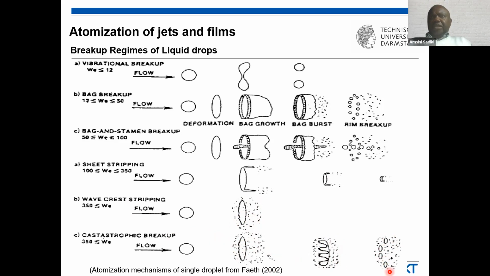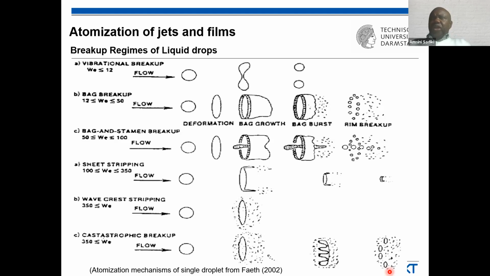So this is what Faeth proposed in 2002, and we can see also how we can account for this kind of disintegration if you want to include them in the modeling.